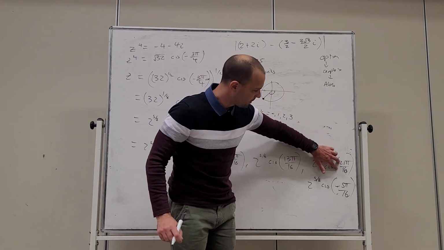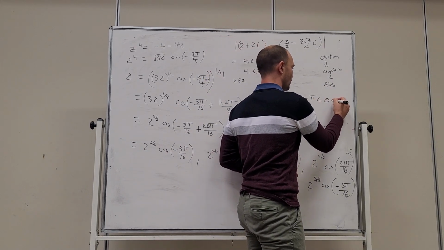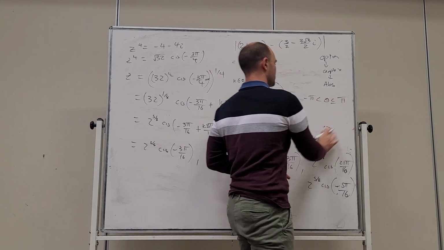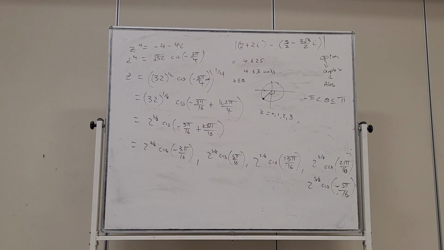When I take away 2 pi from this angle, I get minus 5 pi on 16, and that puts me in the domain of the argument for a number in polar form. So we've got 4 solutions there, very good.